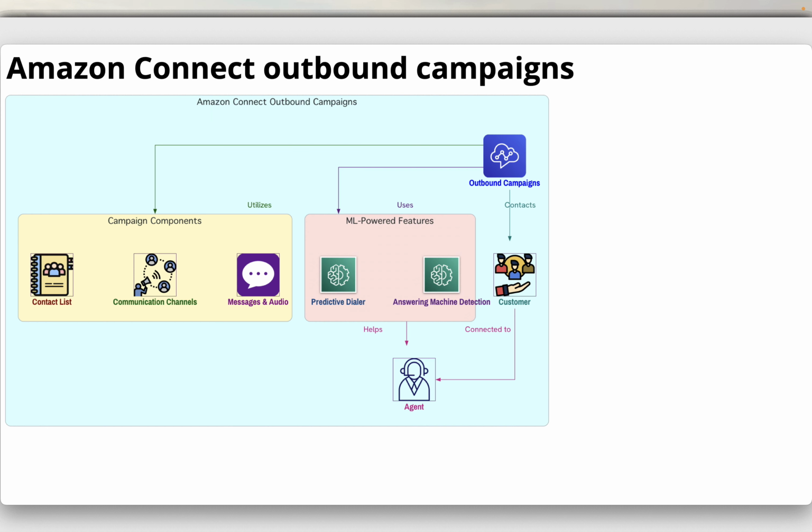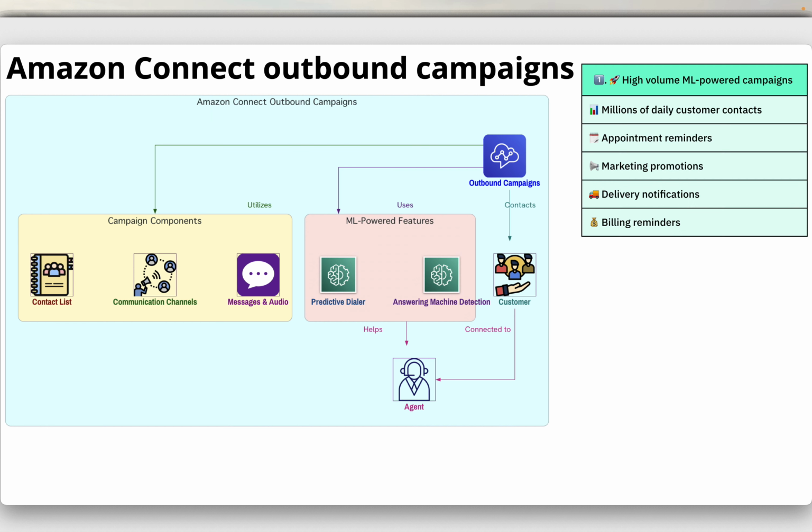Next feature is Amazon Connect Outbound Campaigns. You can create high volume, machine learning powered outbound campaigns to contact up to millions of customers daily for handling appointment reminders, marketing promotions, deliveries, and billing reminders.